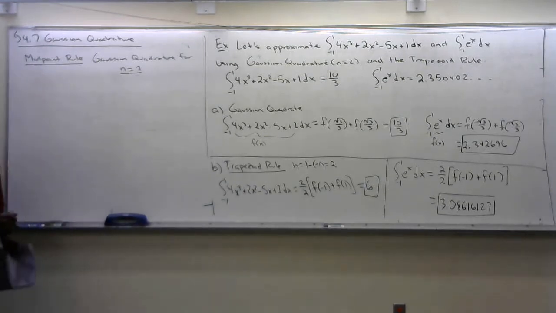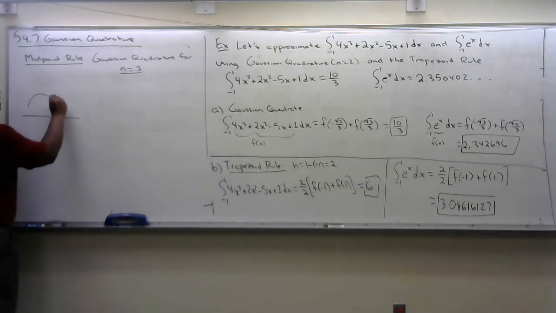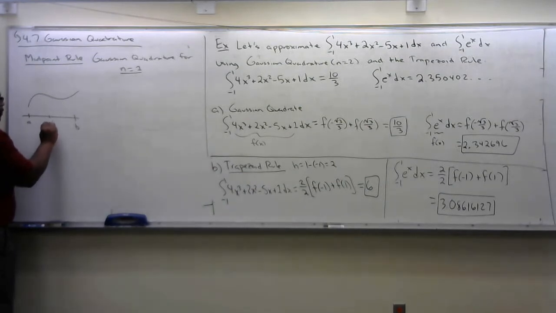Now, for what polynomials would it be exact in Gaussian quadrature? Some of you are like, what is the midpoint rule? The midpoint rule, you have a function from A to B, you take the middle value, A plus B divided by 2, and use that as your approximation over that interval.